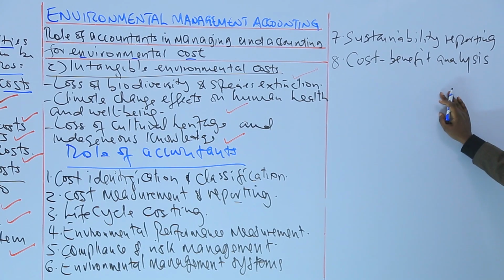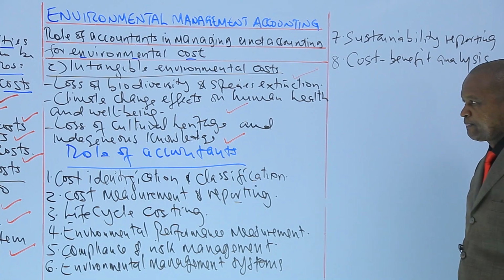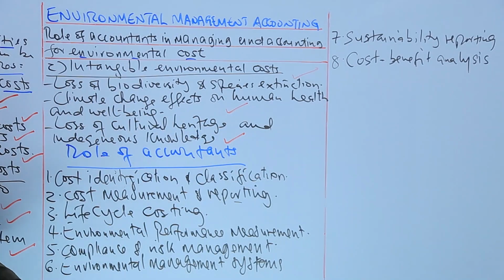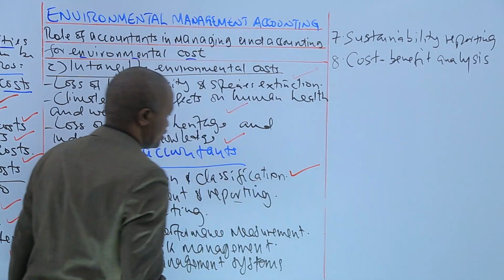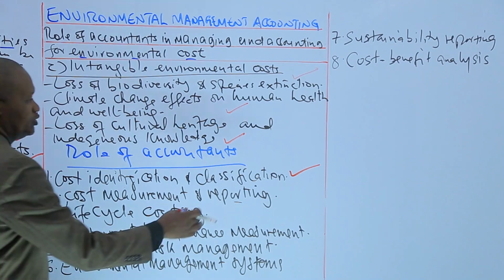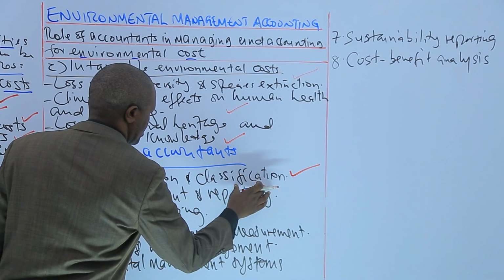So these are 8 points to demonstrate the role of accountants in managing and accounting for environmental costs. The first role is cost identification and classification. These are 2 roles in one. Cost identification, then number 2, environmental cost classification.